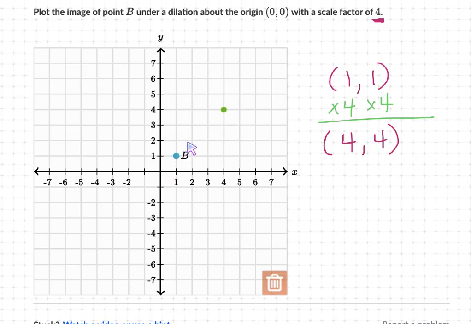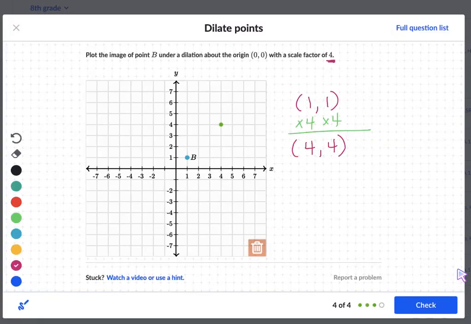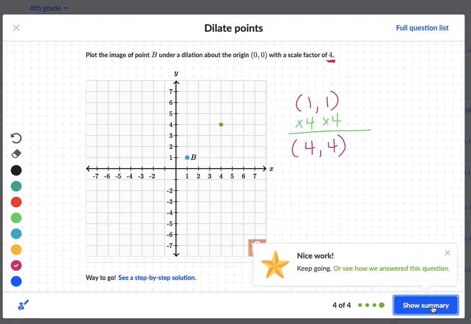It should be 4 times the distance away from it. So again, we just took that ordered pair, this is 1 and 1, and we multiplied both of them by 4. Okay? That's all dilating points is. It's multiplication. Your scale factor tells you how far away or how close it is, for dilating points.